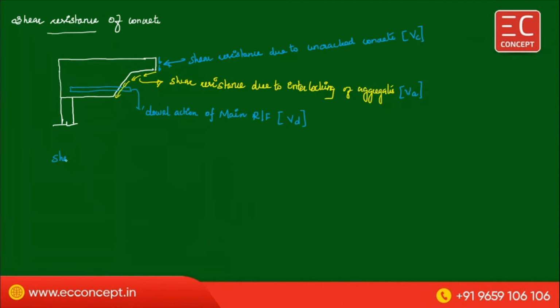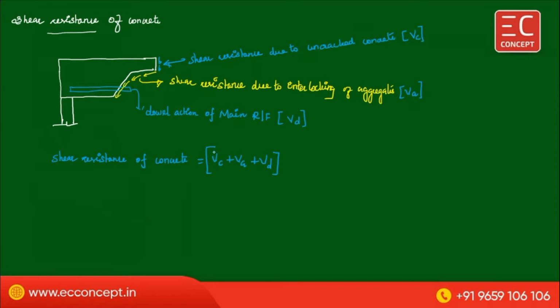Therefore, total shear resistance of concrete is equal to VC plus VA plus VD. So this is the shear resistance of concrete.